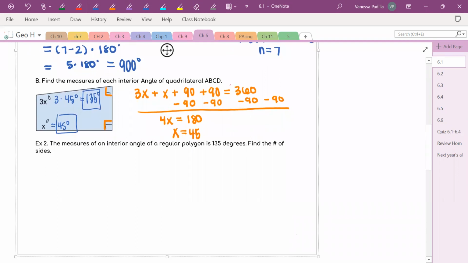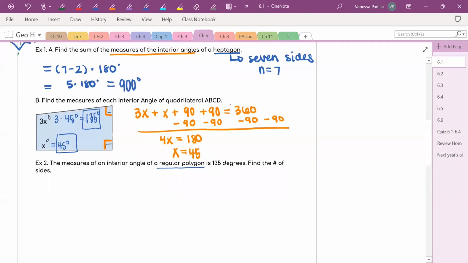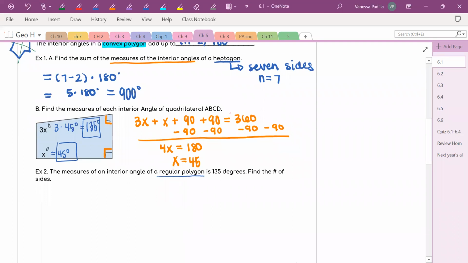Okay, example number 2, it says the measure of an interior angle of a regular polygon, okay, so it's saying regular now, is 135. Find the number of sides. Okay, so we know that each angle is 135 degrees. So to find all the angles, it would just be the number of sides times 135.